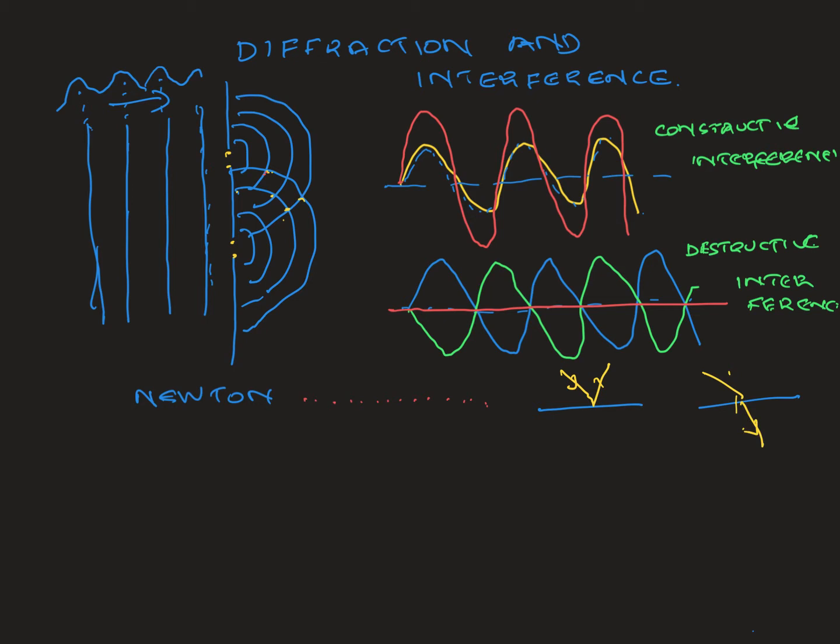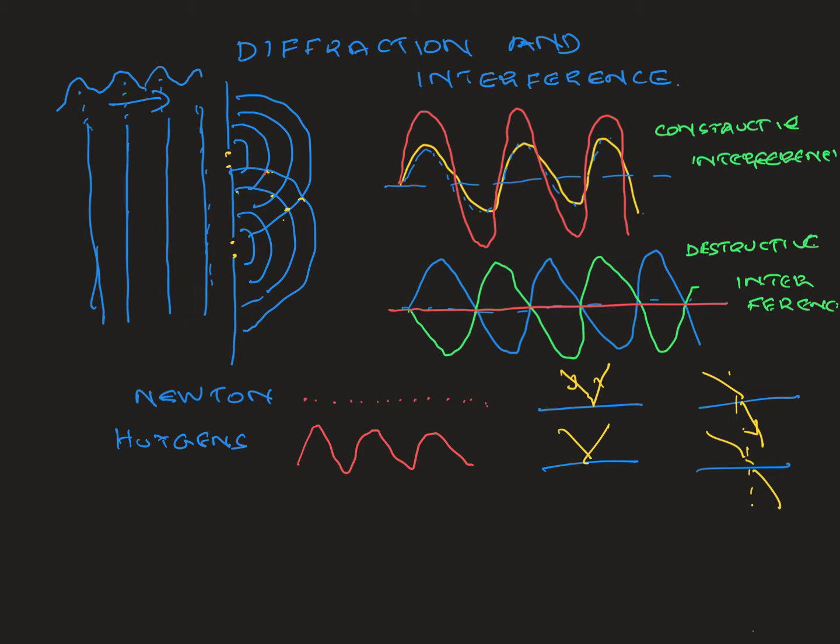But here came another scientist called Huygens, and he said light is not a particle, but it's a wave. And he also explained the reflection and refraction using the wave theory. They both had arguments for their own interpretation.